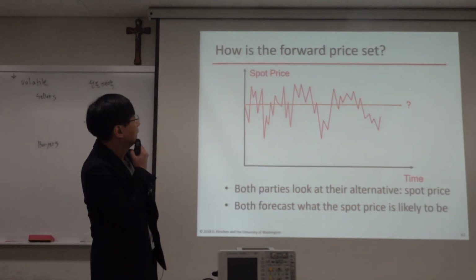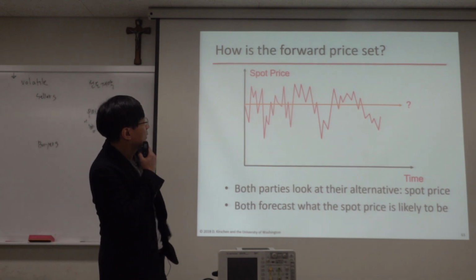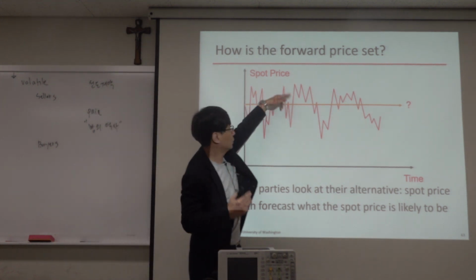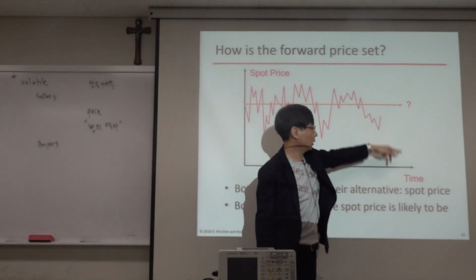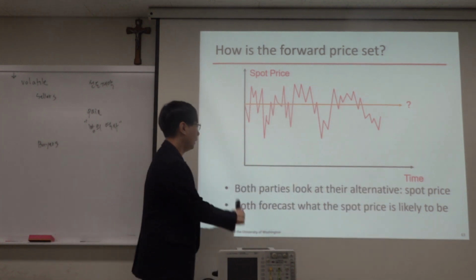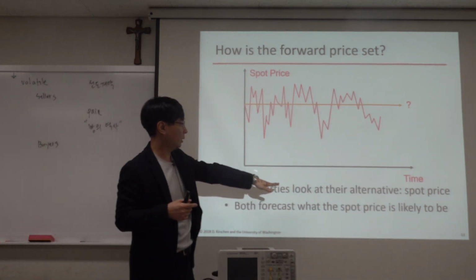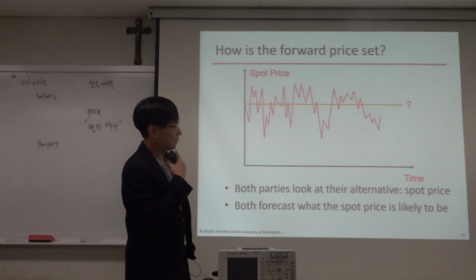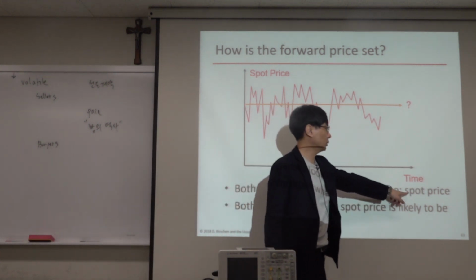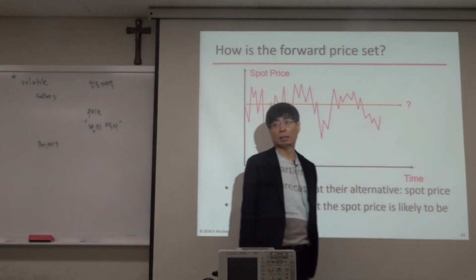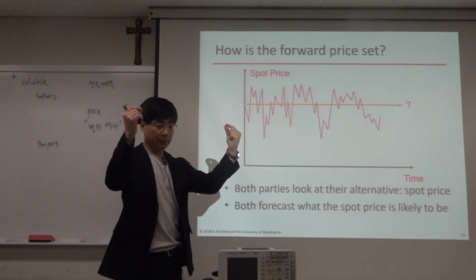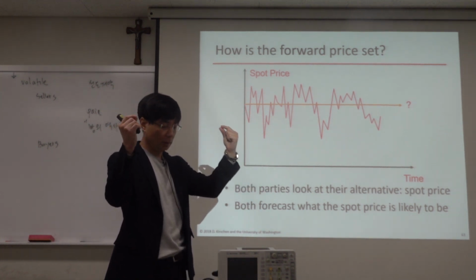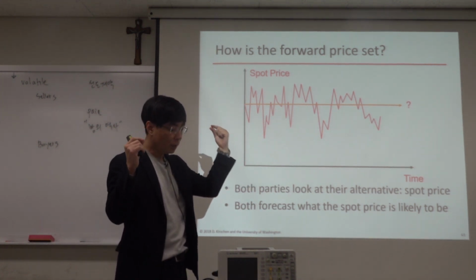So let's see, this is the actual spot price, which fluctuates a lot over time. And both parties look at their alternative spot price. So they try to estimate this spot price. If they estimate the spot price the same, then that can be the forward price.